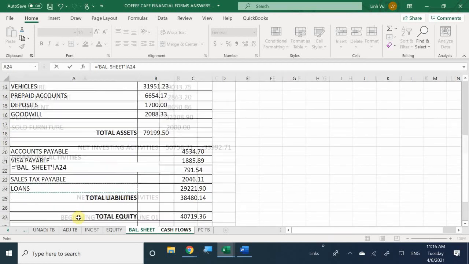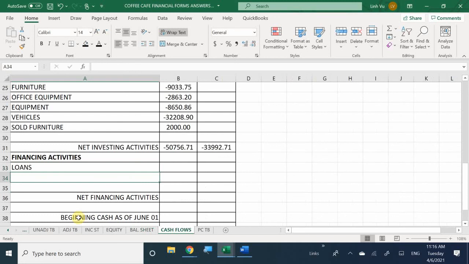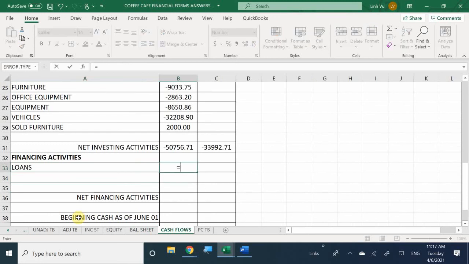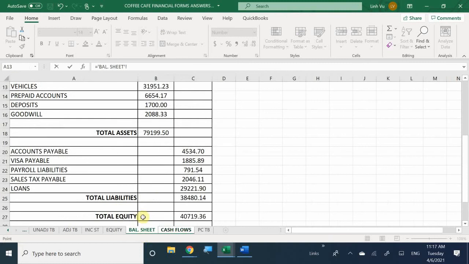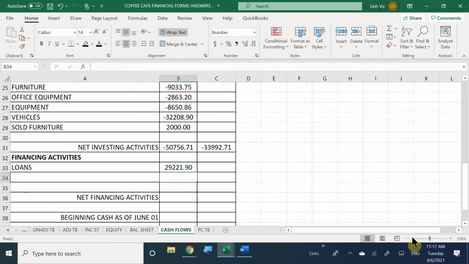Okay? How much money did I get from the loan? $29,221.90. Right. Because we got a loan, we received cash. We got money. So that's going to be added to this pile here.